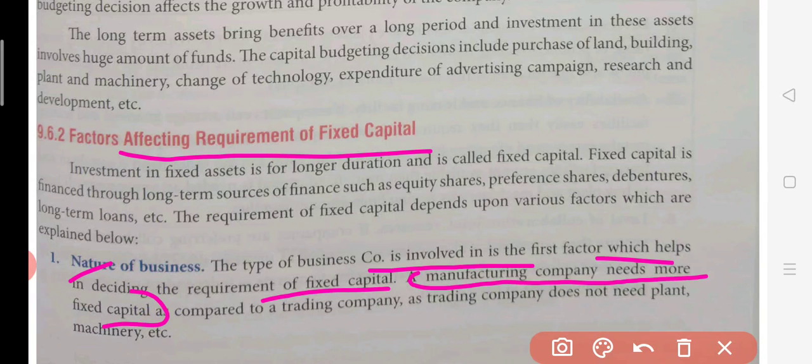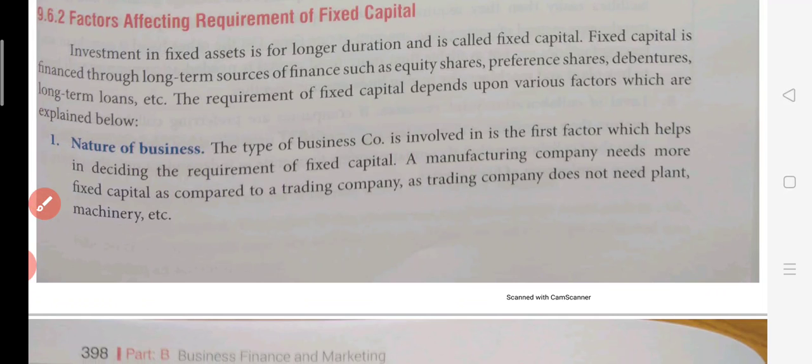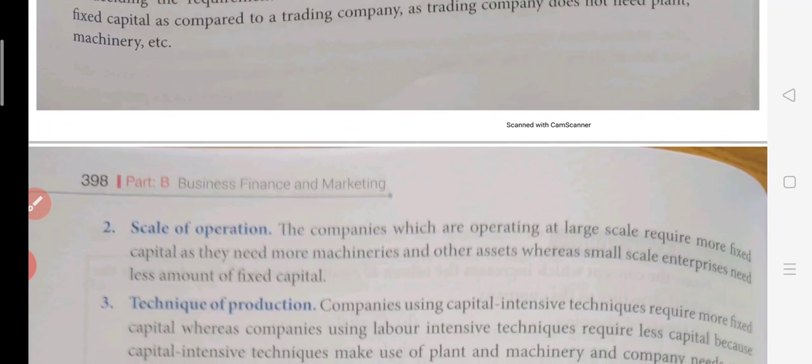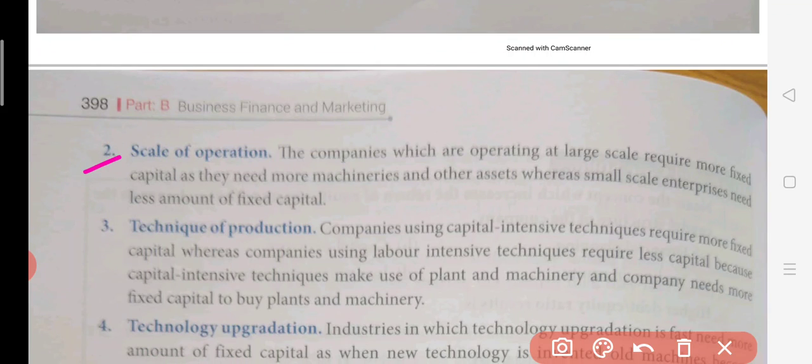On the other side, suppose it is an IT company, then there will be no or very little requirement of fixed capital, because in an IT firm the computers used are of less cost in comparison to machinery. So it depends whether your company is a manufacturing firm, a trading company or an IT company. Fixed capital depends on that.